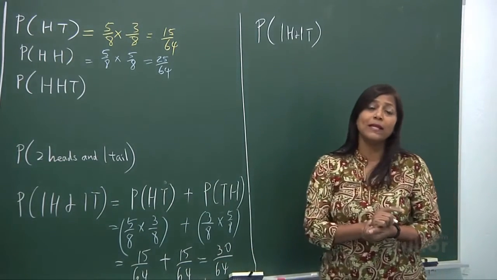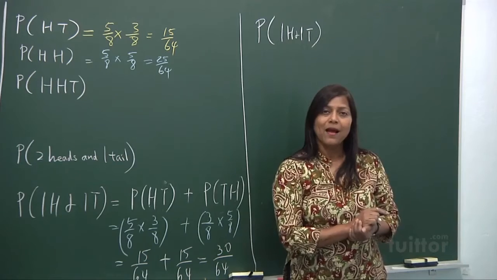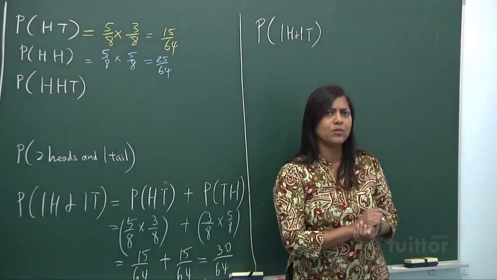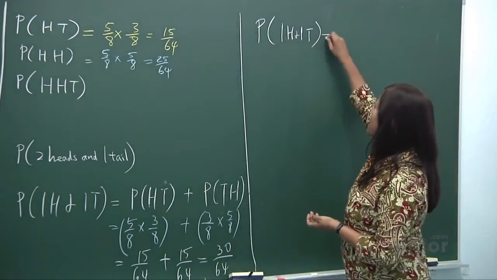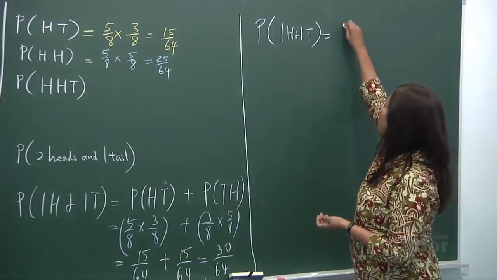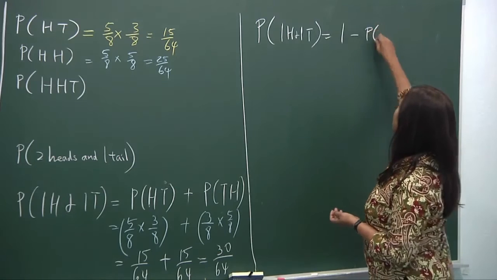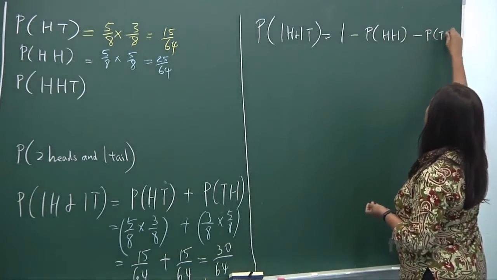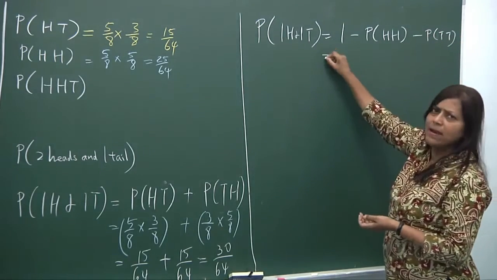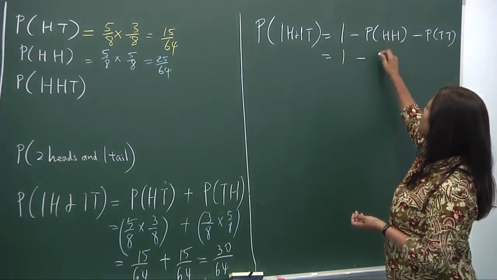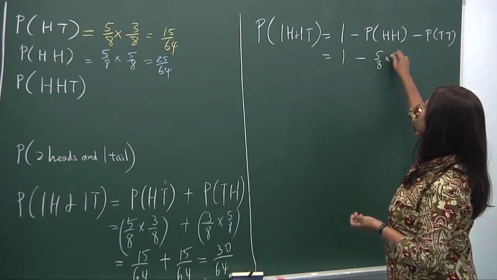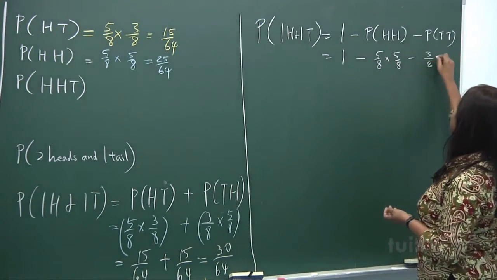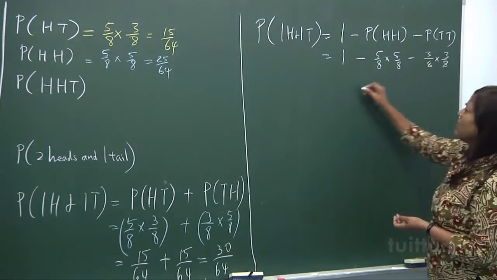Now I want to look at it in another way. I want one head and one tail from two throws. So the chance of the event definitely happening will be one whole minus the probability of two heads and minus the probability of two tails. Let's look at that. One whole, the probability of two heads is 5/8 times 5/8, and the probability of two tails is 3/8 times 3/8.